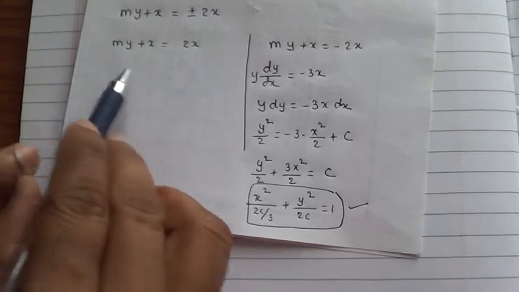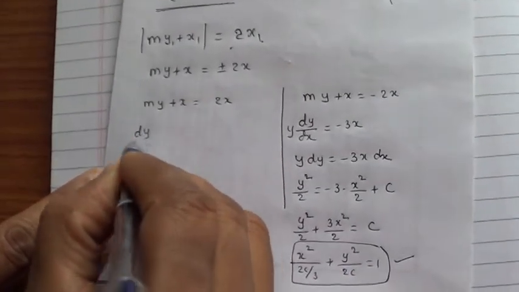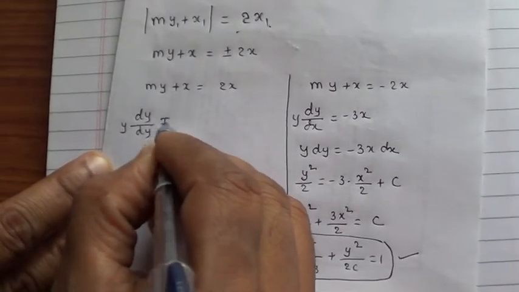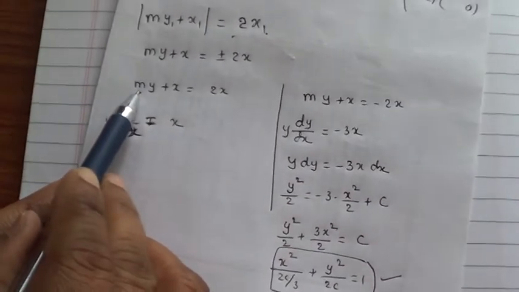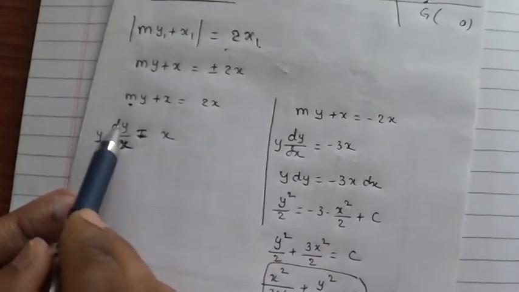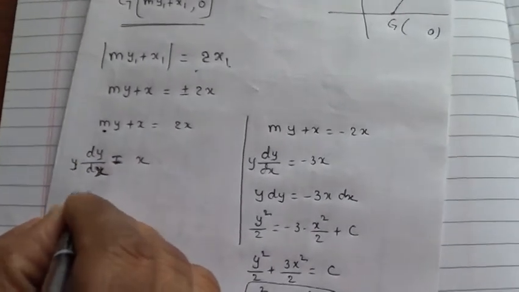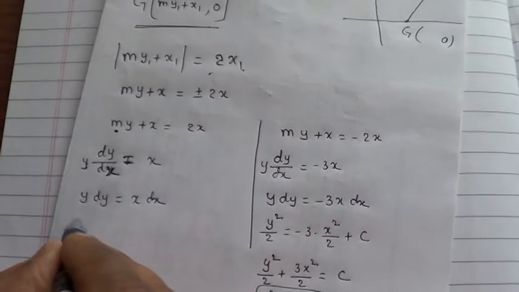Right? But come back to this one. Here m is nothing but dy by dx. M into y is equal to x, so y into dy by dx is equal to x. Now this is y into dy is equal to x into dx. Now integrate.